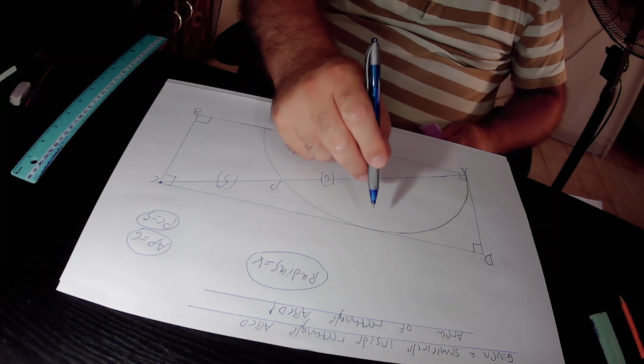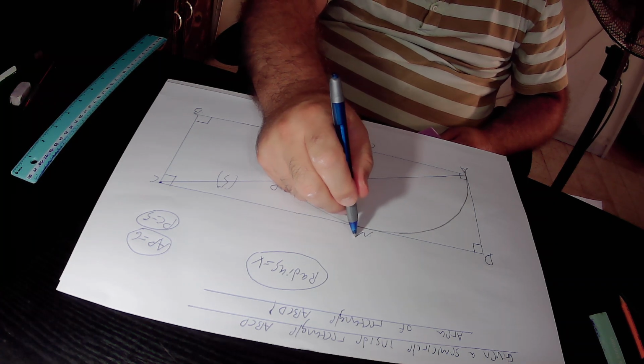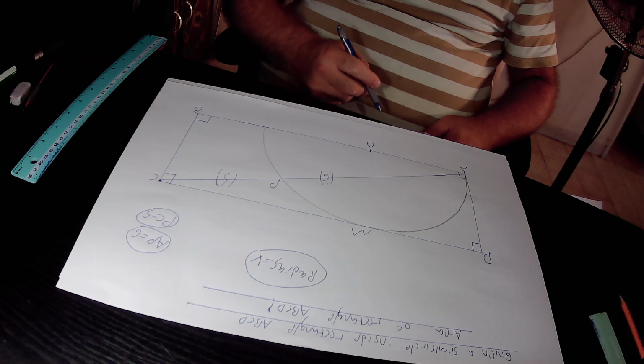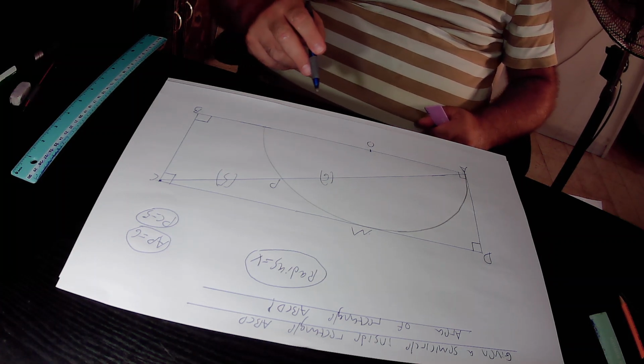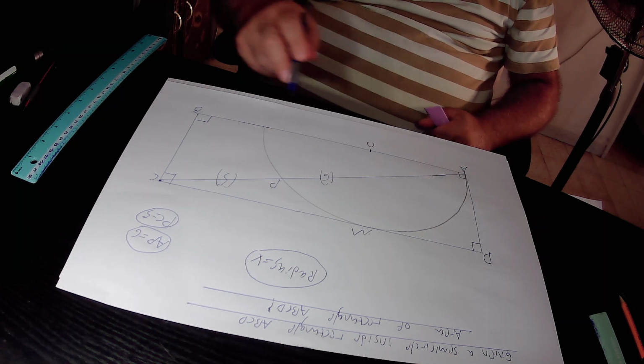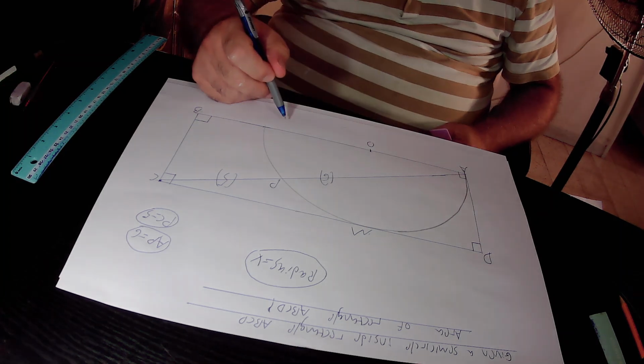This point is point M. And we will define the touching point of this semicircle with side AB of rectangle ABCD. This point is point E.